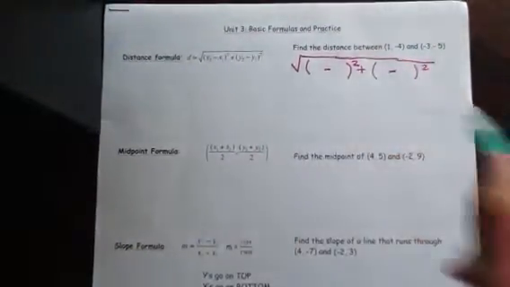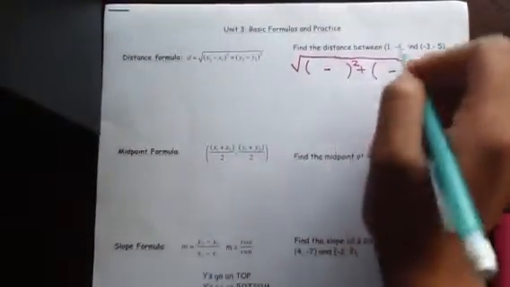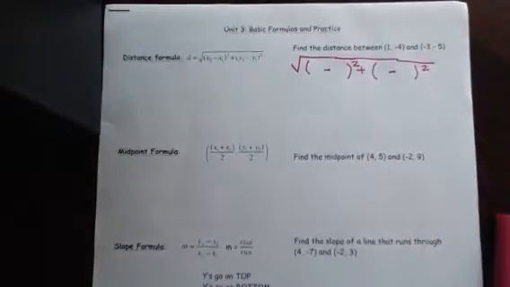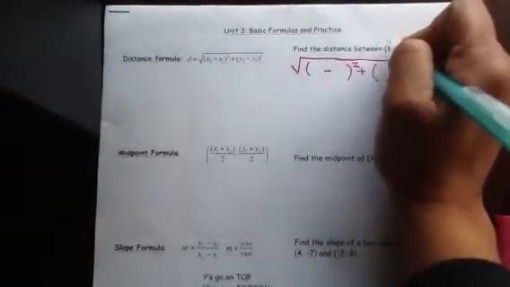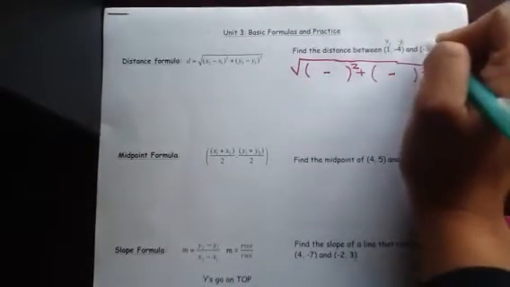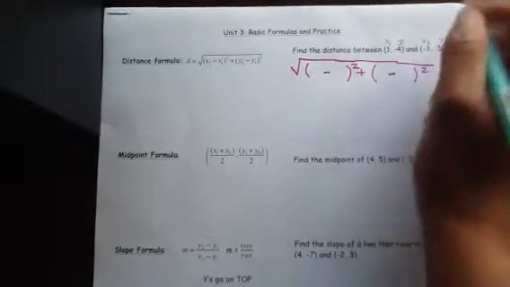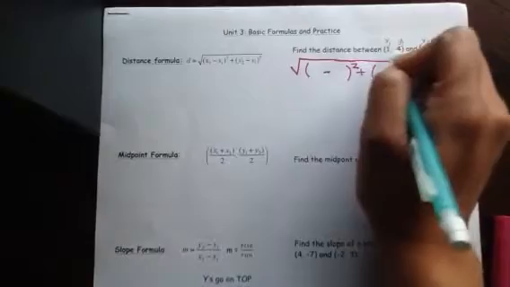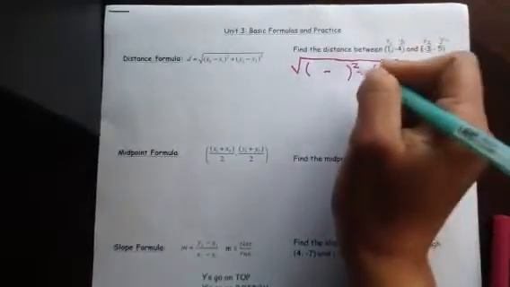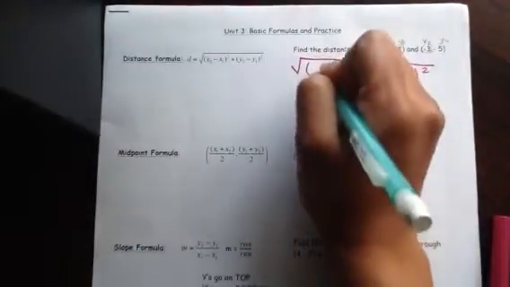So I'm going to plug in my first x, well, let me label them: x1, y1, x2, y2. So I'm going to put in my x2 and x1, excuse me, -3 minus 1.